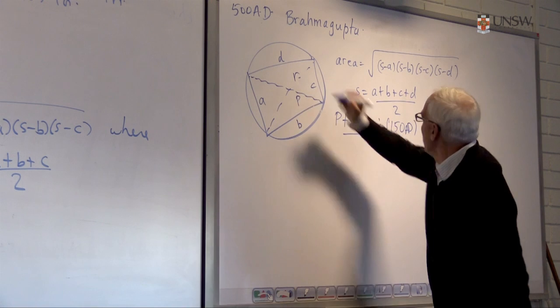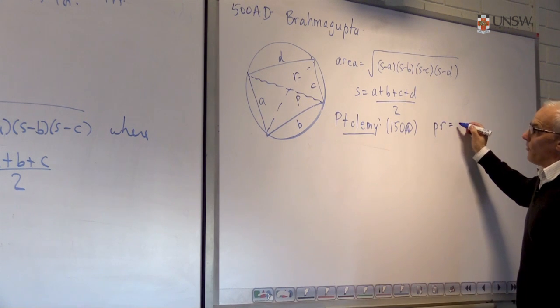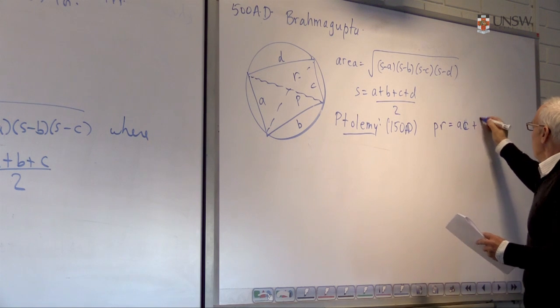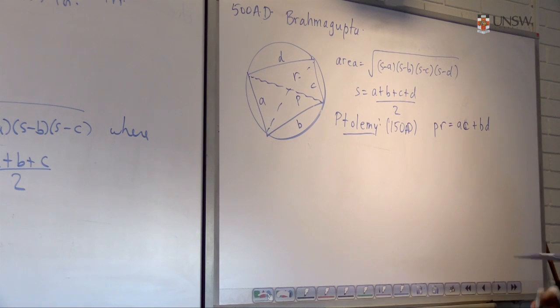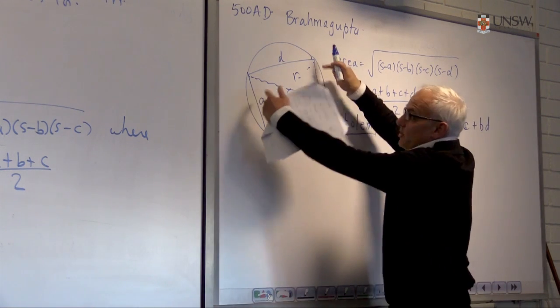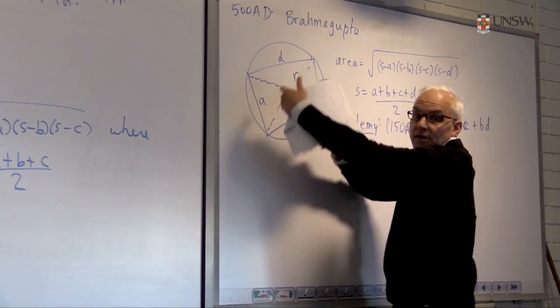So the product of the diagonals is the sum of the product of these opposite sides plus the product of these opposite sides.